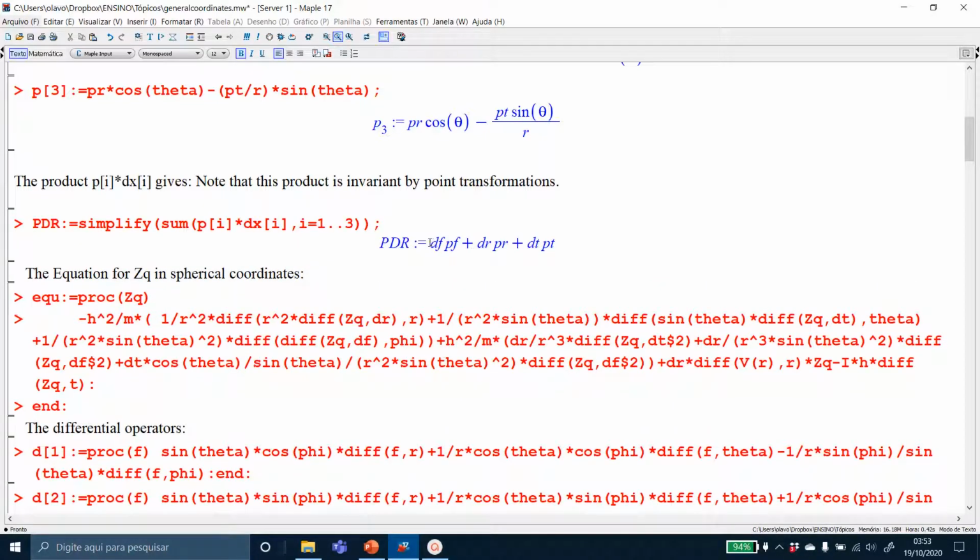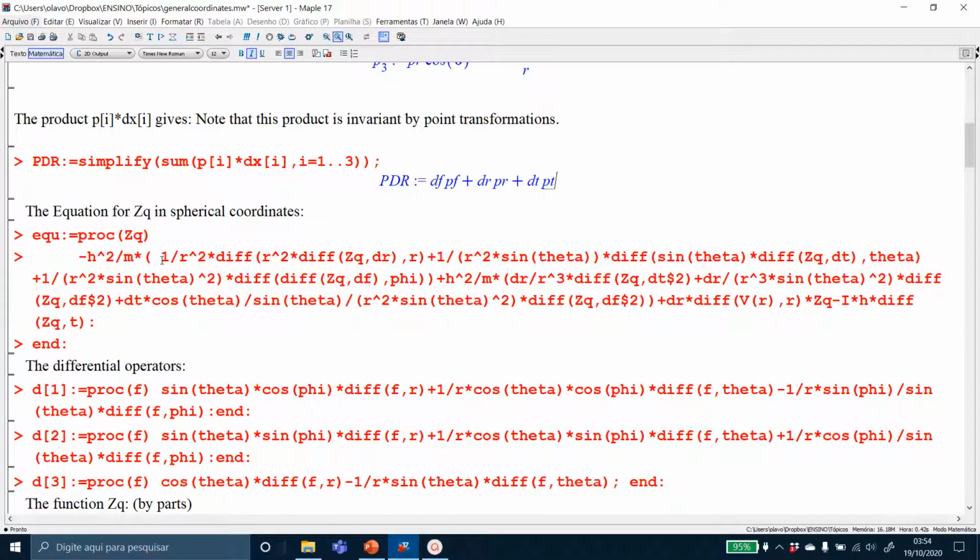This is natural to get, and it will be true for any orthogonal curvilinear system, because this kind of transformation is the so-called Mathieu canonical transformation, and Mathieu canonical transformations have this property. In any case, we may now write the equation that we expect the function z to satisfy.